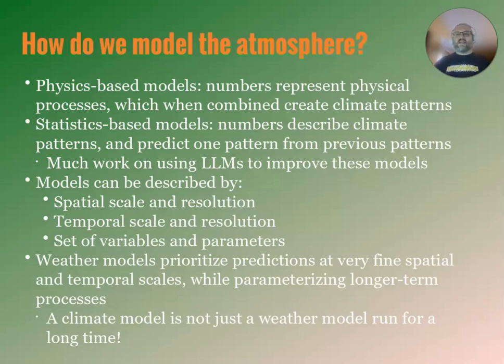So that needs to be something that can change in the course of running our model for examining temperatures or examining climate over a century, whereas it's something that we don't need as a variable that's not going to change over the course of making a weekly weather forecast. So that means that we use different models for modeling climate and modeling weather. We can't just take a weather model and run it for a very long time to look at future climate.